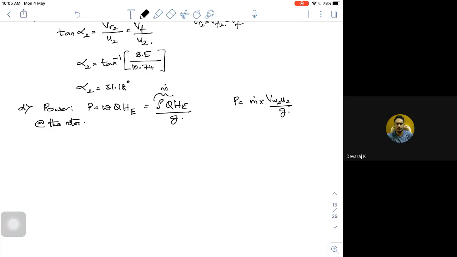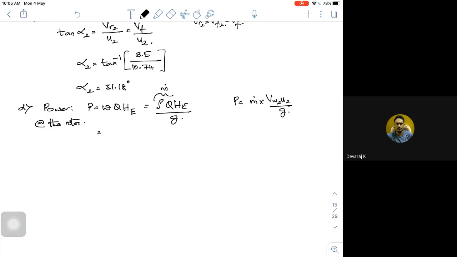We have been using this particular formula for the power available. I can use either this formula, or if I have VW2 equal to U2, I may get the mass flow rate into U2 square by G. Either formula I can use, and I'll end up with the same number.